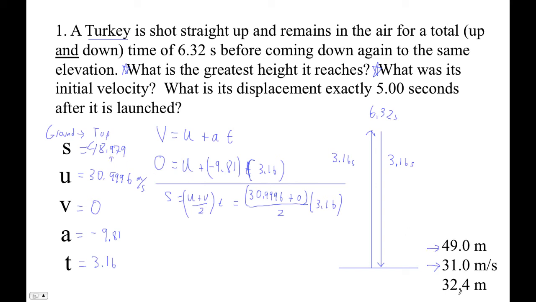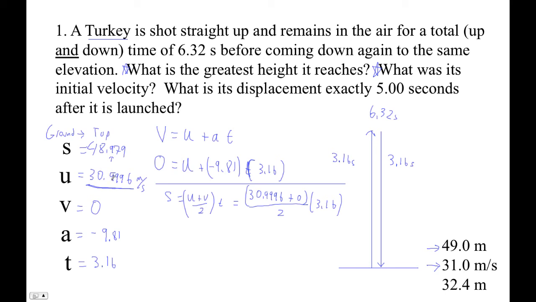Now, it says, what is the displacement exactly 5 seconds after it's launched? What we need to do for this is use this velocity here, that 30.9996. Now I'm going to hit erase, and then use that value there. We just got to have that.